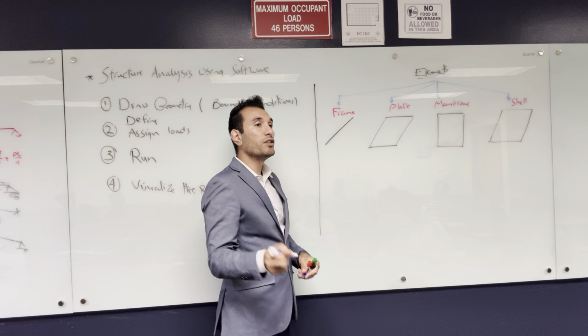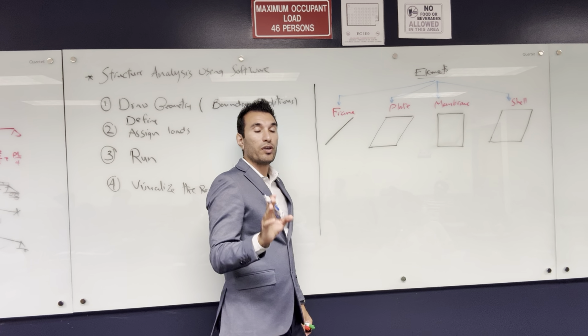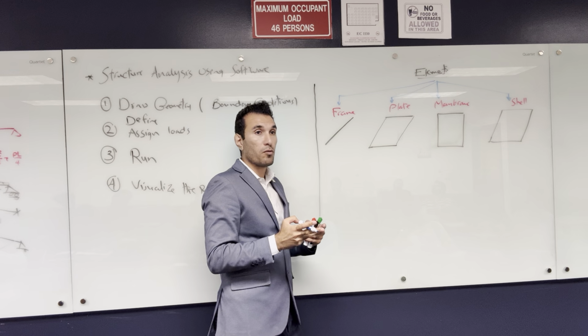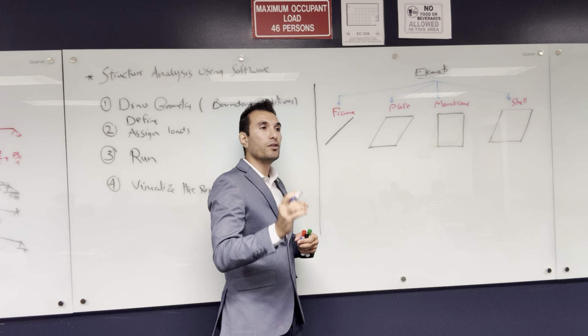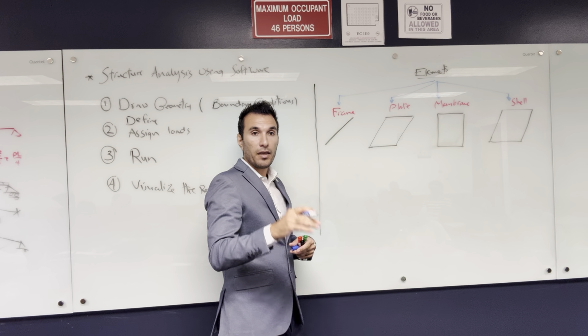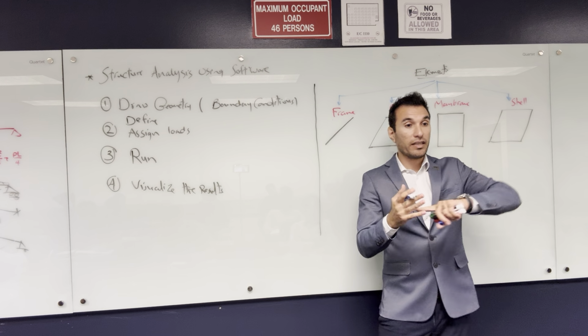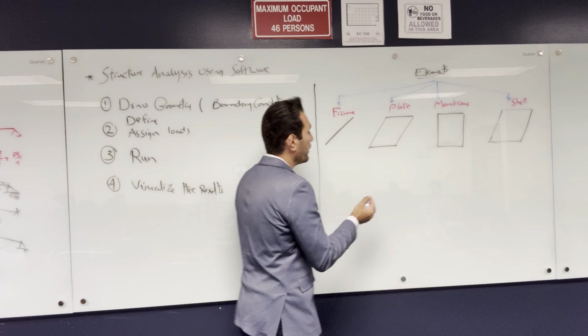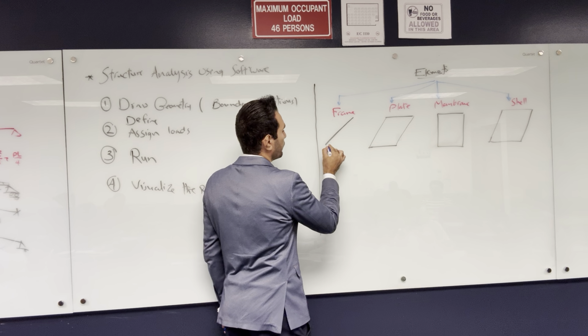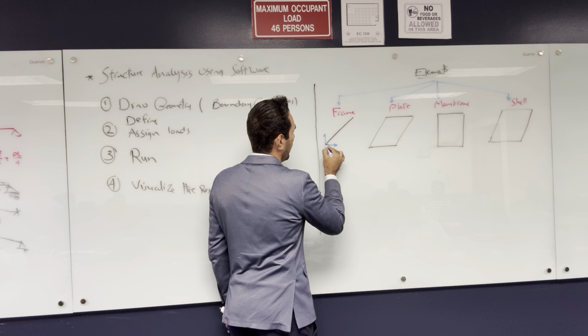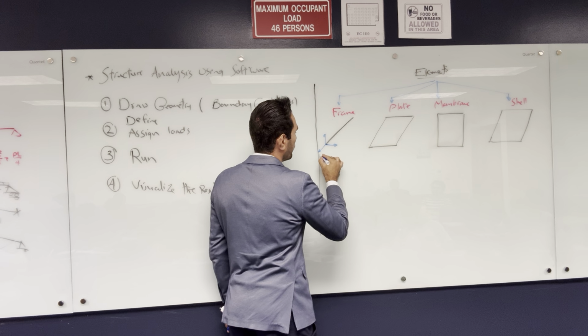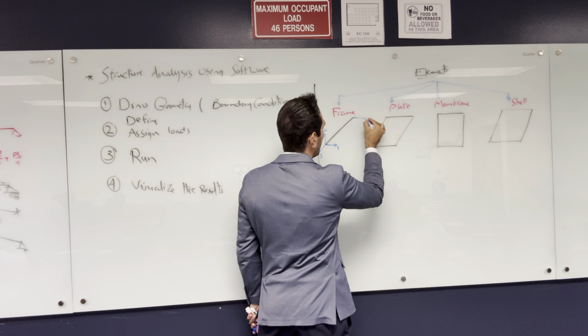I have at each node 6 degrees of freedom. We use the frame element to model beams, to model columns, to model any linear element. Any beam, any column, any small element that has 2 dimensions smaller than the longest dimension, you can use frame element. The degrees of freedom is something like this. You have 1, 2, and 3. Same thing here.